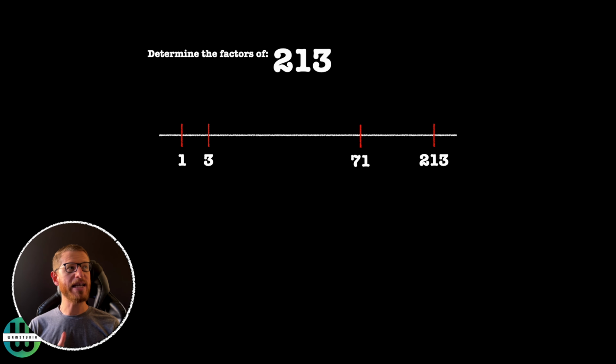But 3 and 71, those 2 numbers that we've gotten, are prime numbers. Since 3 can only be divided by 1 and itself, 1 and 3. And the same goes for 71. 71 can also only be divided by 1 and itself, 71.